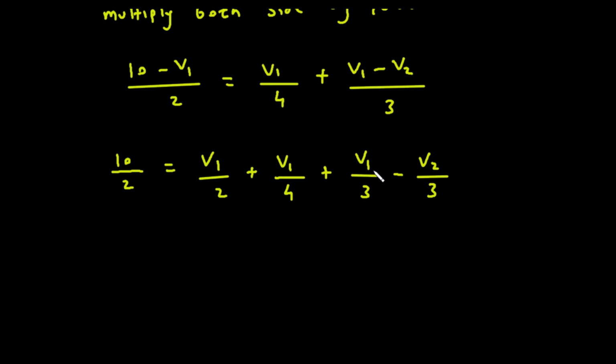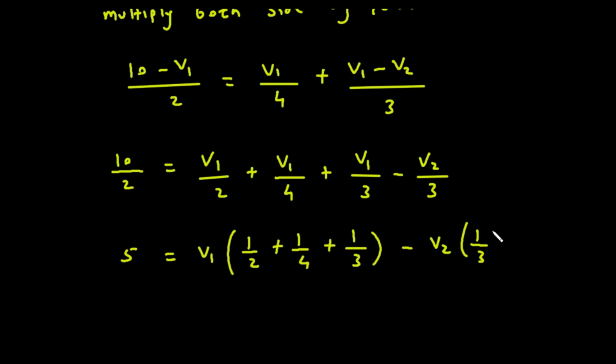So now let's simplify this further. So it will be 10 divided by 2, it is 5, is equal to V1 in bracket 1 by 2 plus 1 by 4 plus 1 by 3, then minus V2 in bracket 1 by 3. So let's simplify this.